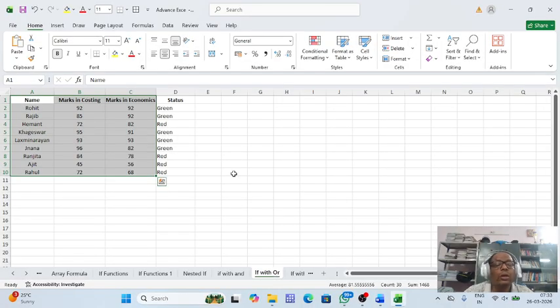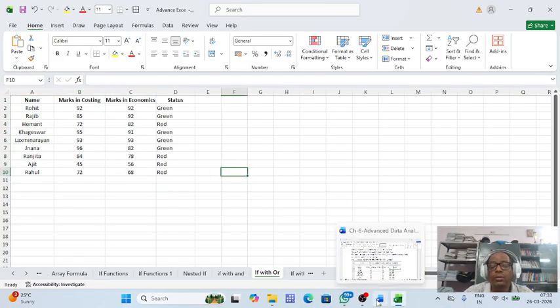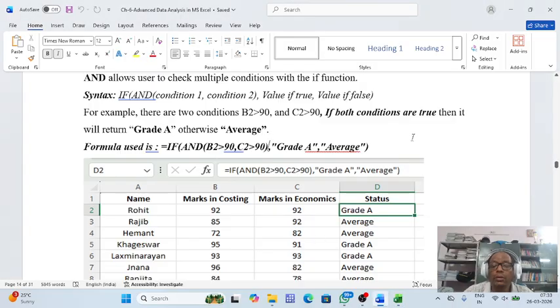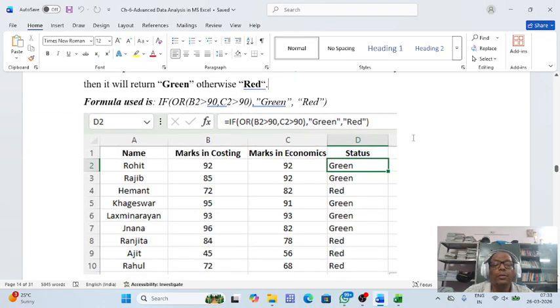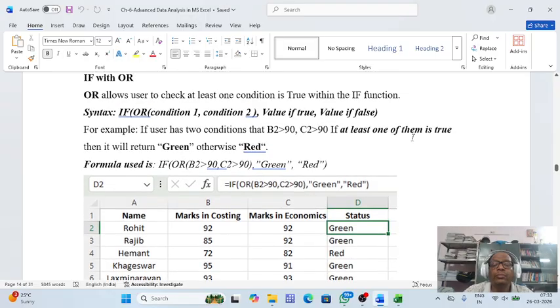Then again we have another formula, IF with OR. Okay, it is saying that OR allows you to check whether at least one condition is true, but AND needs both the conditions to be true. If OR means if B2 is greater than 90 or C2 is greater than 90, then green, otherwise red.